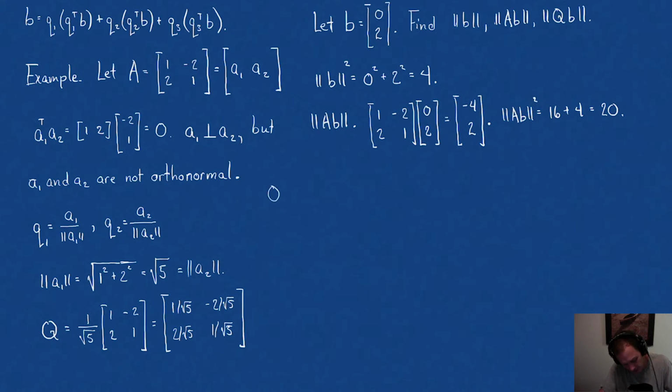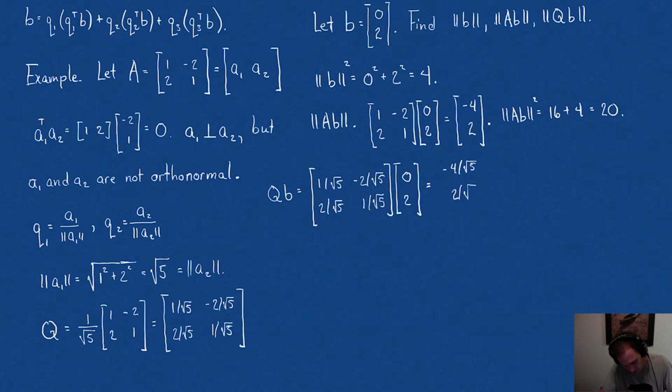Let's try again. So now let's find Q times b. All right, so let's just write this out. This is (1 divided by the square root of 5, 2 divided by the square root of 5), (-2 divided by the square root of 5, 1 divided by the square root of 5), times the vector b, which is (0, 2). Okay, so that's going to give me (-4 over root 5, 2 over the square root of 5).